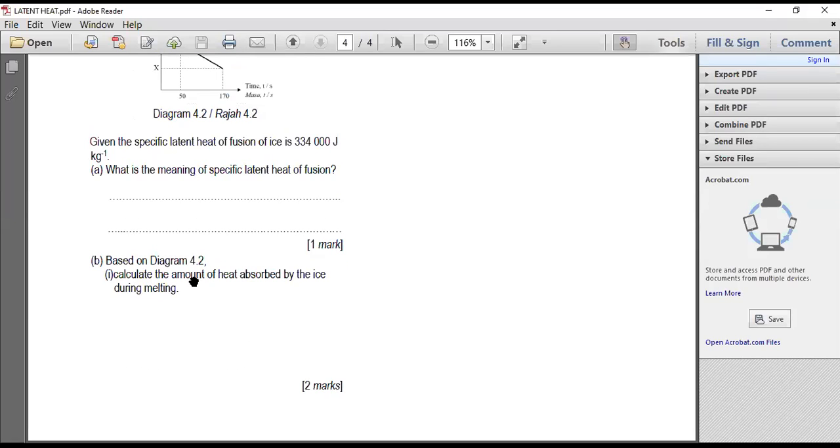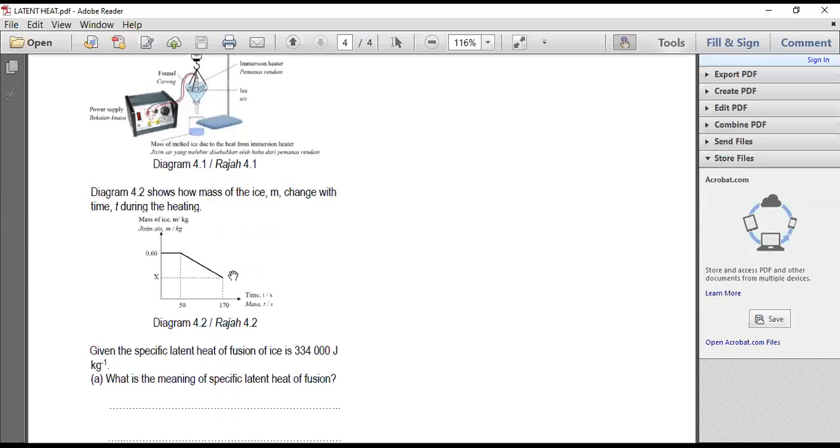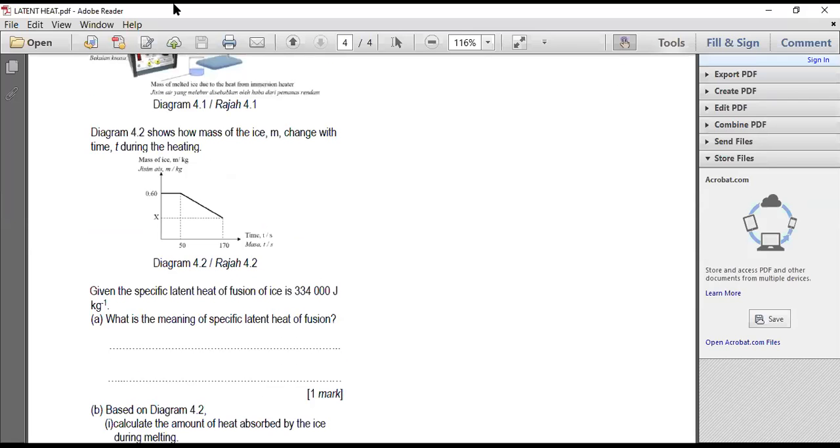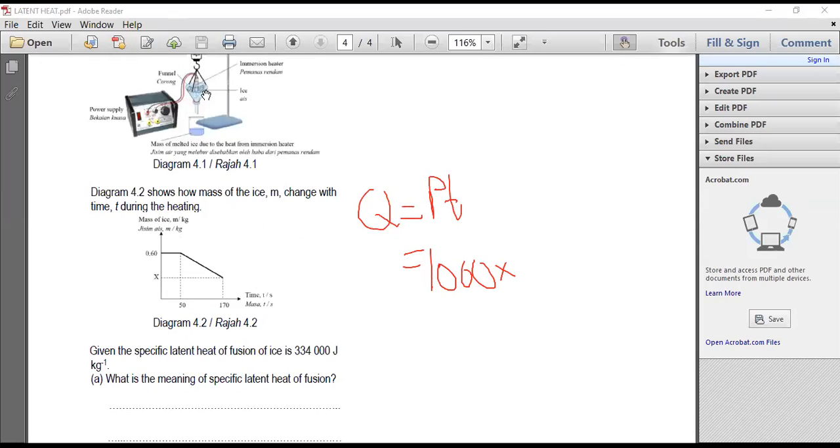Based on diagram 4.2, calculate the amount of heat absorbed by the ice during the melting. So you want to find the Q, and you can use Q equals PT. The power is 1000. Now the time: the melting doesn't occur from 0 to 50 because there's no change in the mass. The moment you switch on, you need some time for the heat to be transferred from the heater to the ice.